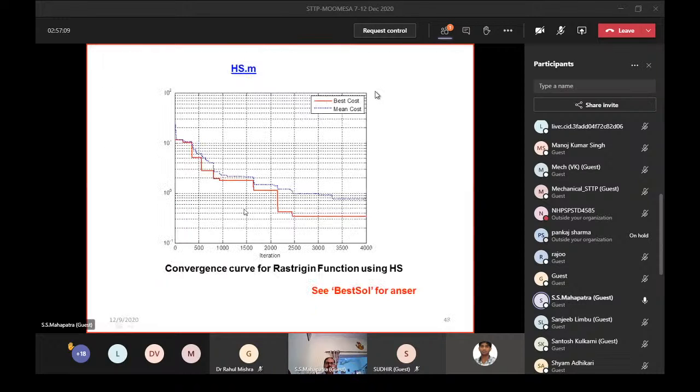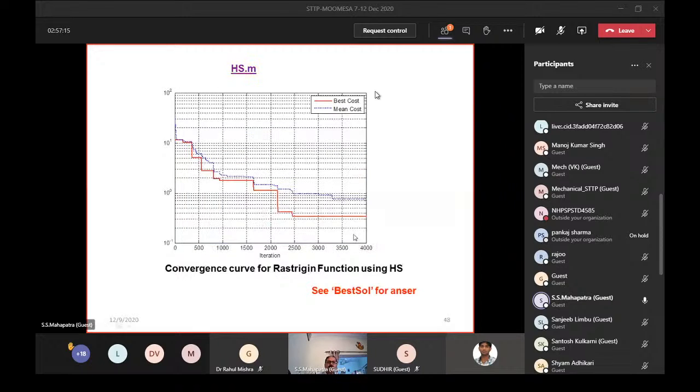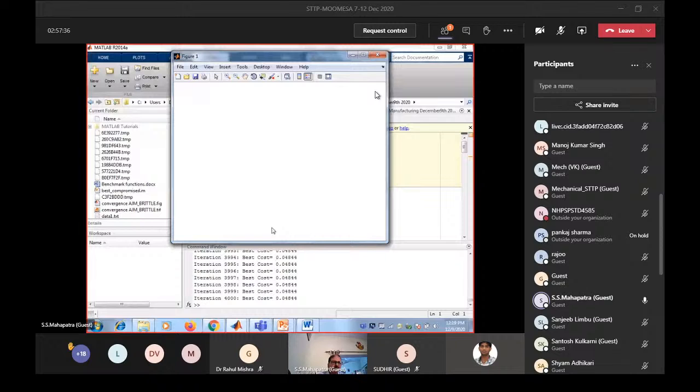Now let us see a MATLAB program for solving harmony search. You can see the best solution.